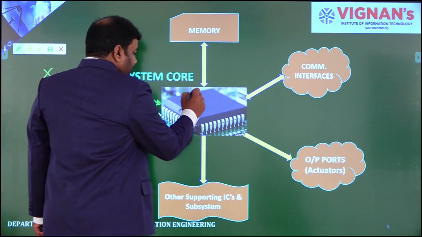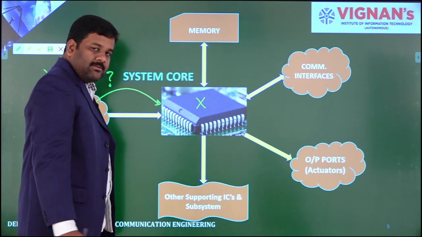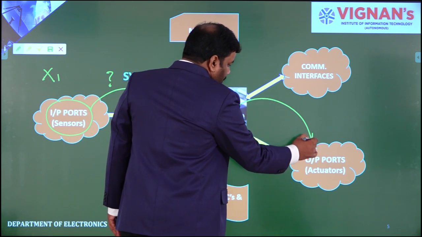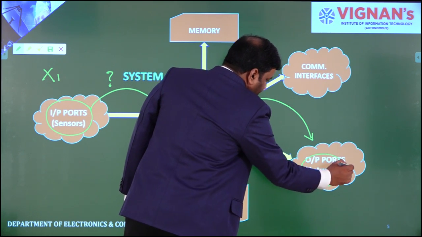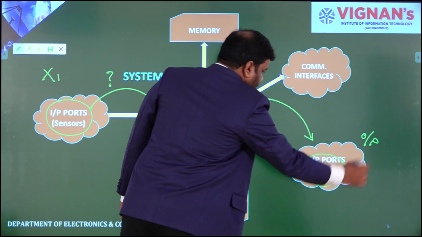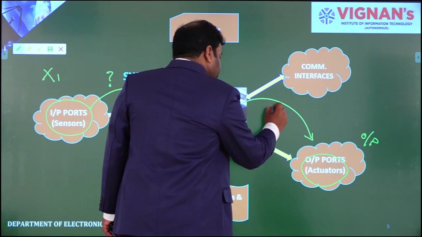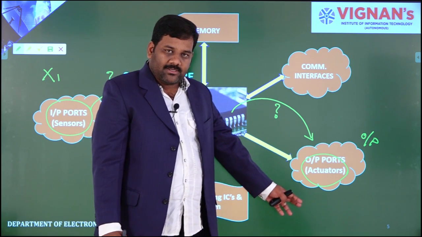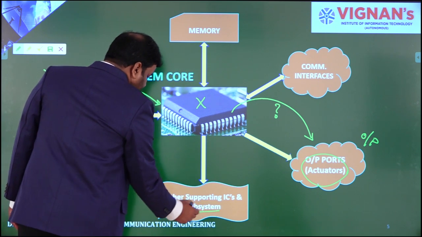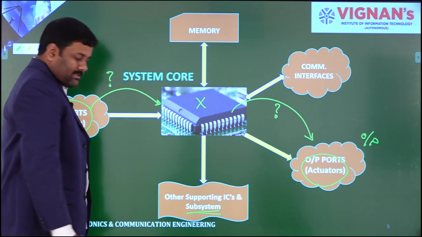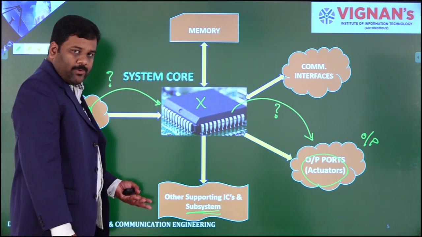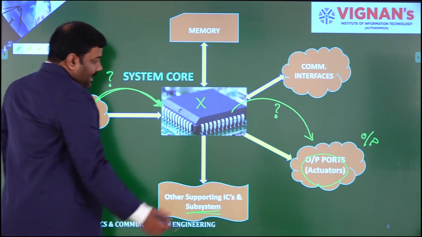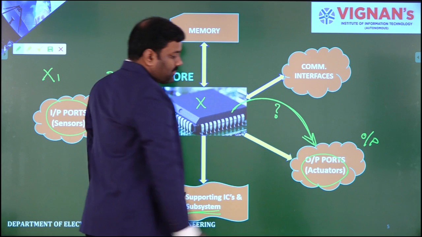Next, the action performed by this core is executed. Once it is executed, it has to send the information to the actuator to display the output. Again, my question is how it will send information from core to actuators. There, the vital role of the subsystem takes place. In this subsystem, we have several components. Those components act as a communicating path between sensors and core, and at the same time core and actuators.